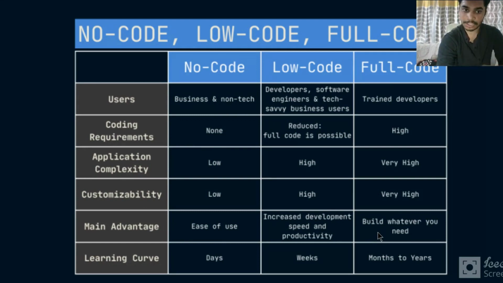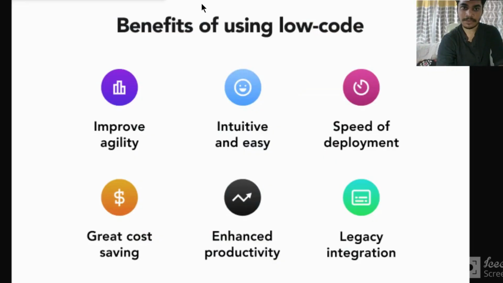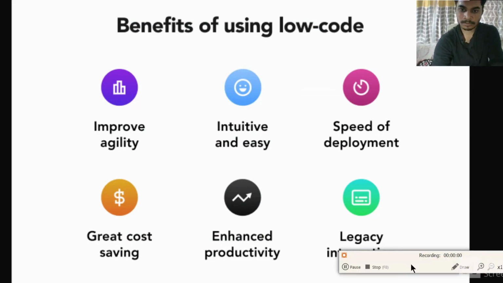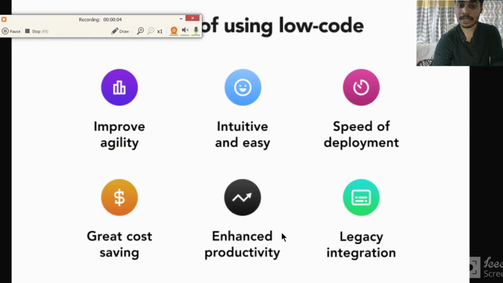Whatever is required you can build using full code, and the learning curve is months to years, but it will come out perfectly. Next, no code: small budget, no developer skills, low complexity, no constraints. Next, benefits of low code I also mentioned: improved agility, speed of deployment, great cost saving, enhanced productivity and legacy integration.